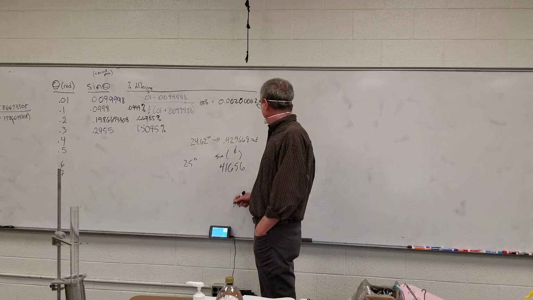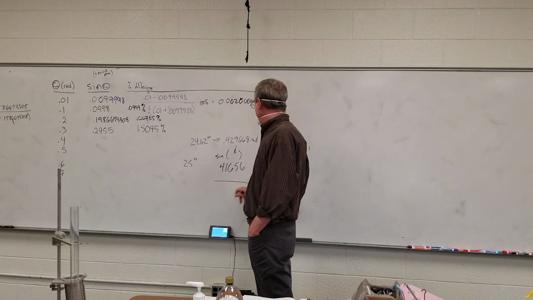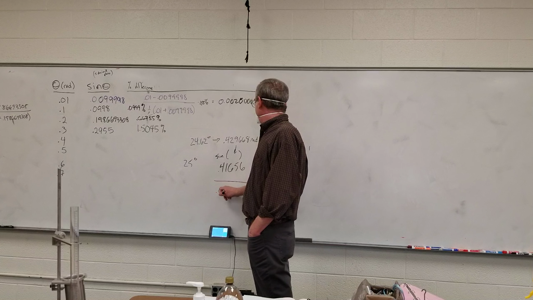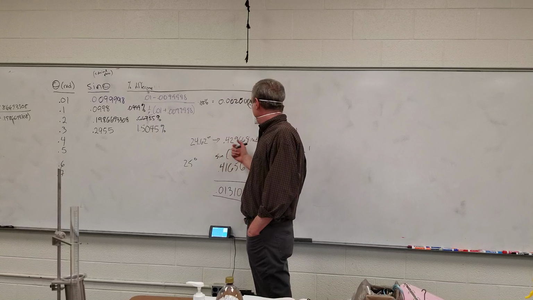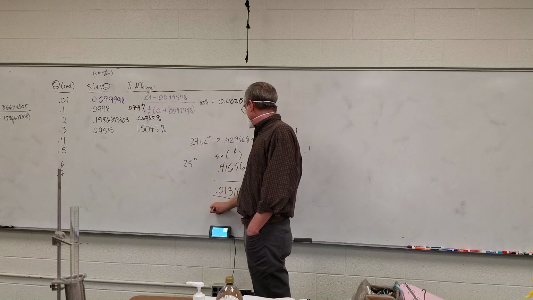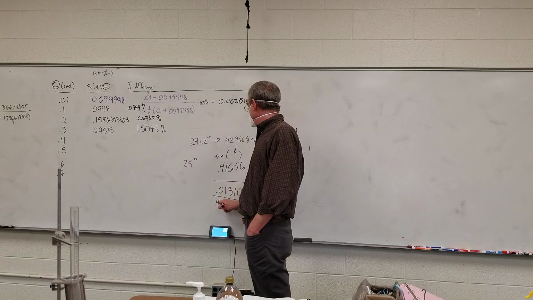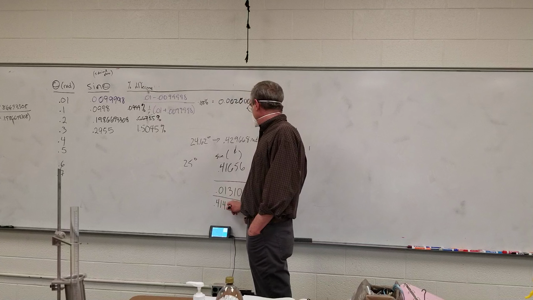And so the difference would be 0.01310 divided by the average of this and 0.4, would be 0.414834.